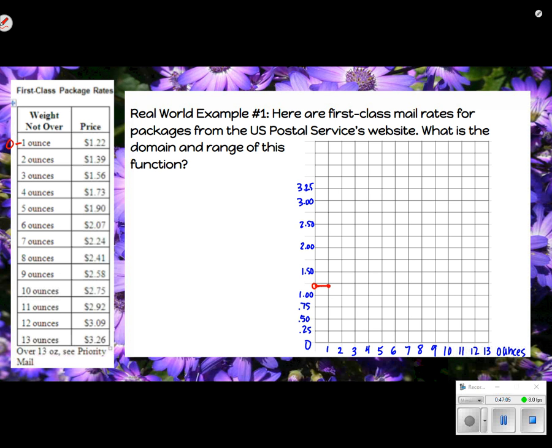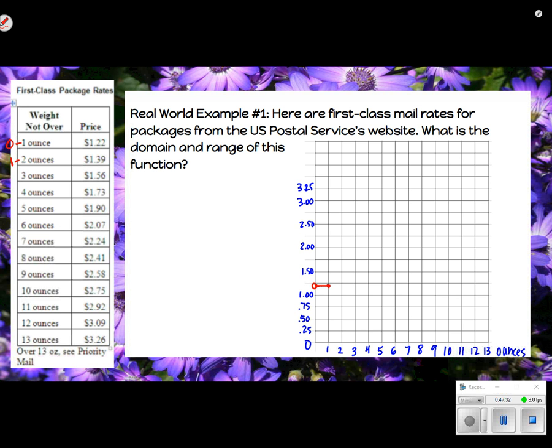All right, so then I'm going to have to ask, well, what about 1.1 ounces? 1.2 ounces? Where does that fit in? So I'm going to look between 1 and 2, but I'm going to have an open circle at 1 for this next price. Just beyond 1 ounce, so 1.005 ounces, would probably round us up to the next bracket. So we're going to be at $1.39.